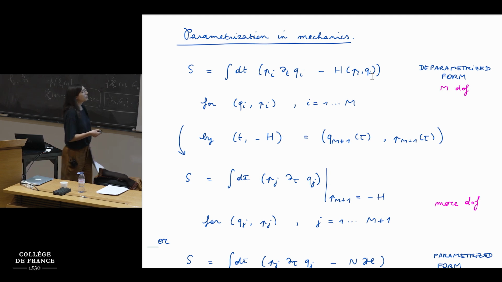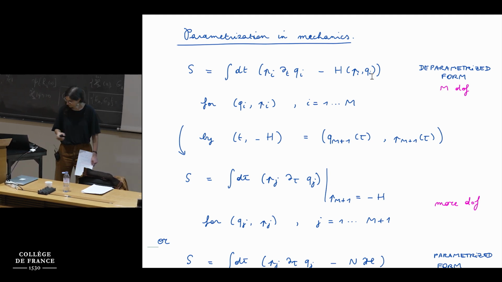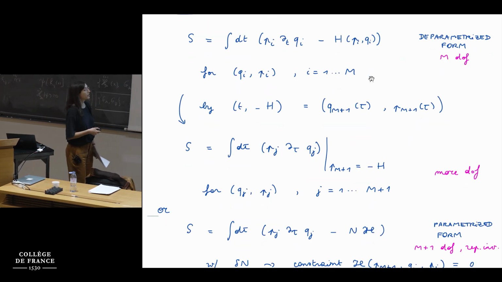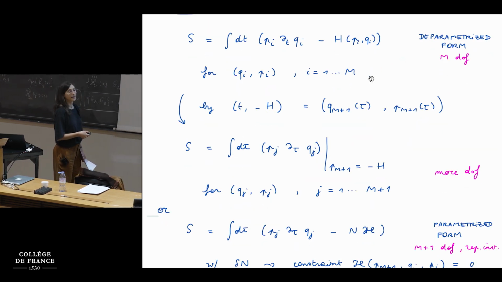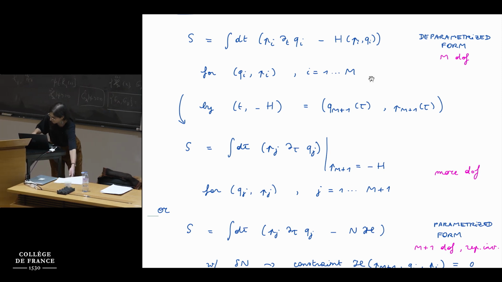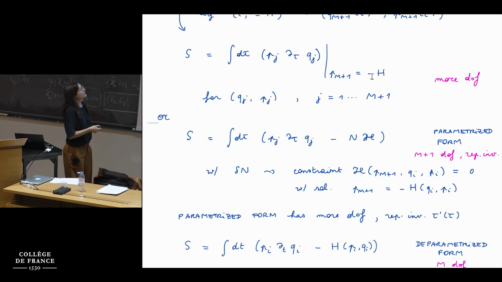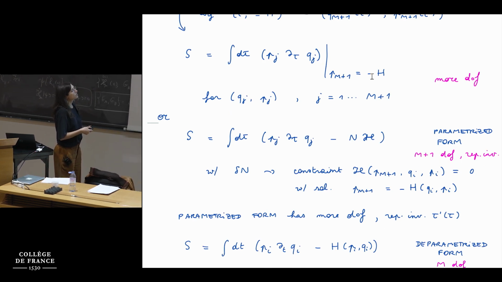Another way to remember it is by using a Lagrange multiplier n that enforces a constraint, curly H, which has as a solution the condition that we want to impose, namely p_{m+1} equals minus H. Okay, so then we've arrived at this form of the action.